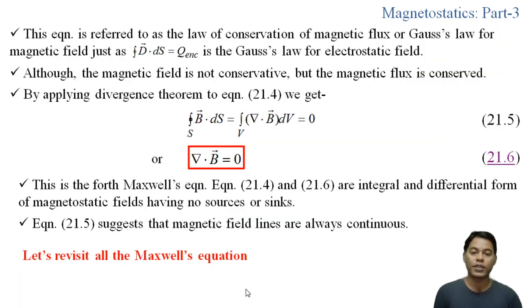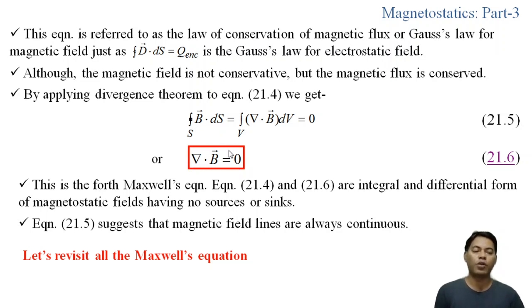So the surface integral of B dot ds equals the volume integral of grad dot B dv, and that equals 0. So from this we get equation 21.6, that is grad dot B equals 0.